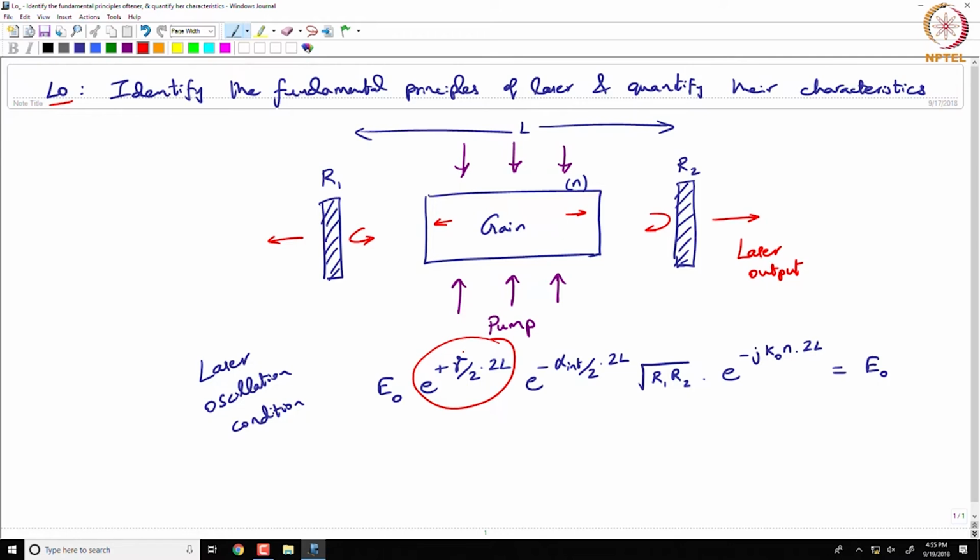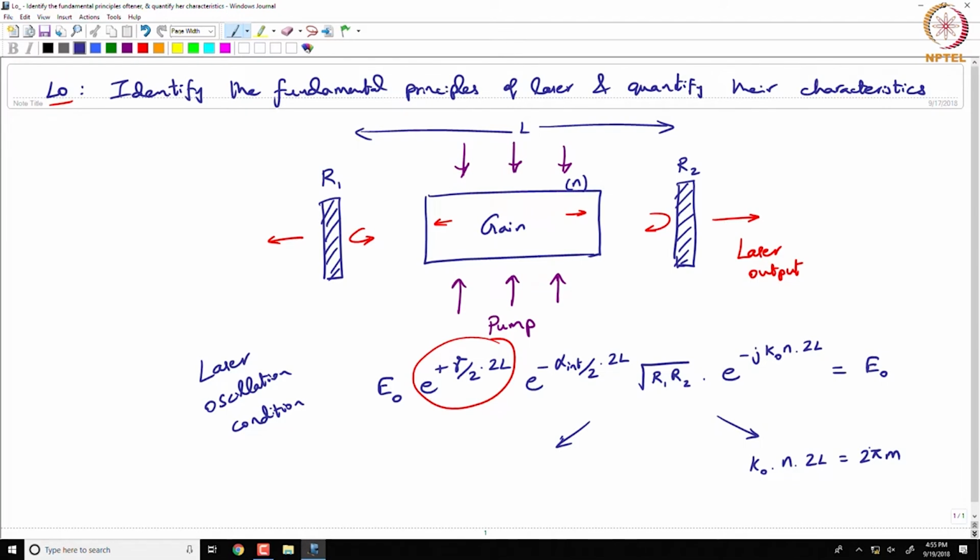So, this actually gives rise to two conditions. One where you can say that the phase condition is going to be satisfied if k naught multiplied by n multiplied by 2l is integral multiples of 2 pi m.